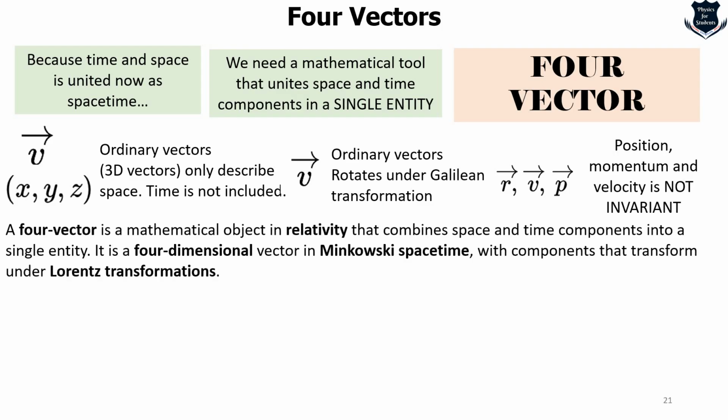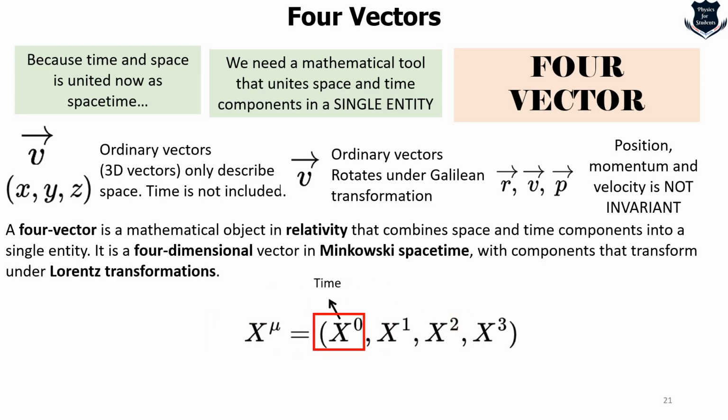So here is a definition of a four vector. It is a four-dimensional vector in Minkowski spacetime. Minkowski spacetime means flat spacetime that transforms under Lorentz transformation. It looks something like this. This x mu has the time component, and generally it is c times t, where c is the speed of light, and these are the spatial components, the normal 3D coordinates.